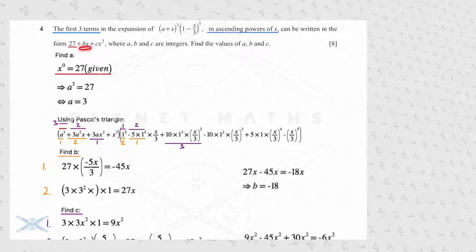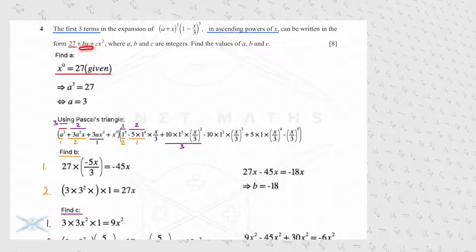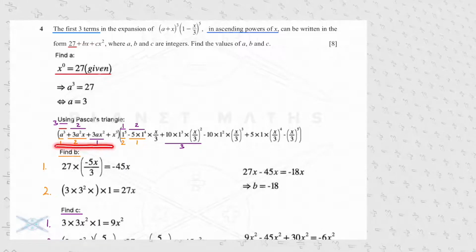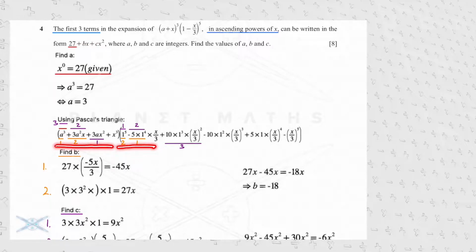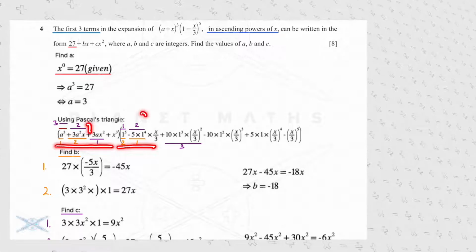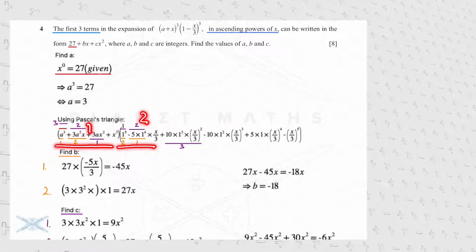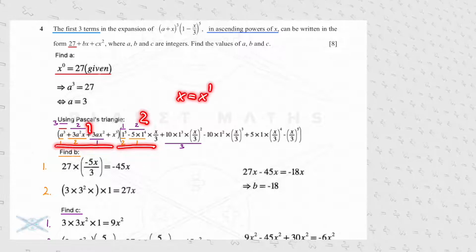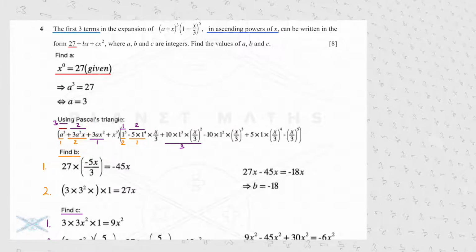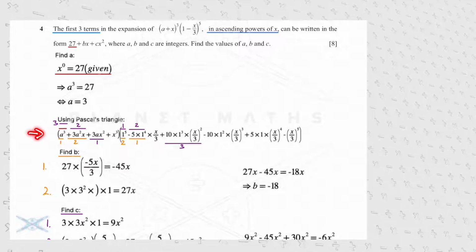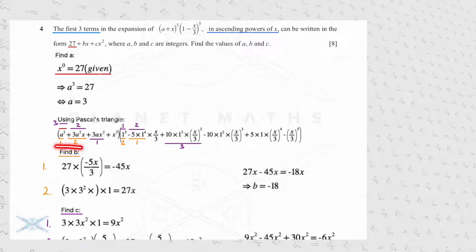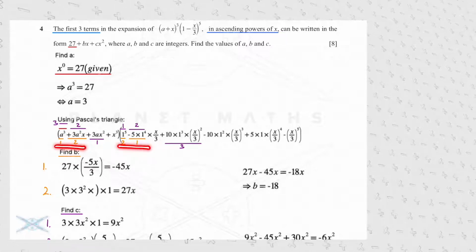To determine the value of b, we now need to investigate all of the factors deriving from multiplying a summand from the first bracket with a summand from the second bracket, providing us coefficients of x to the power of 1. Those instances are highlighted by underlining them in orange. Here there are only two instances for which this is the case.